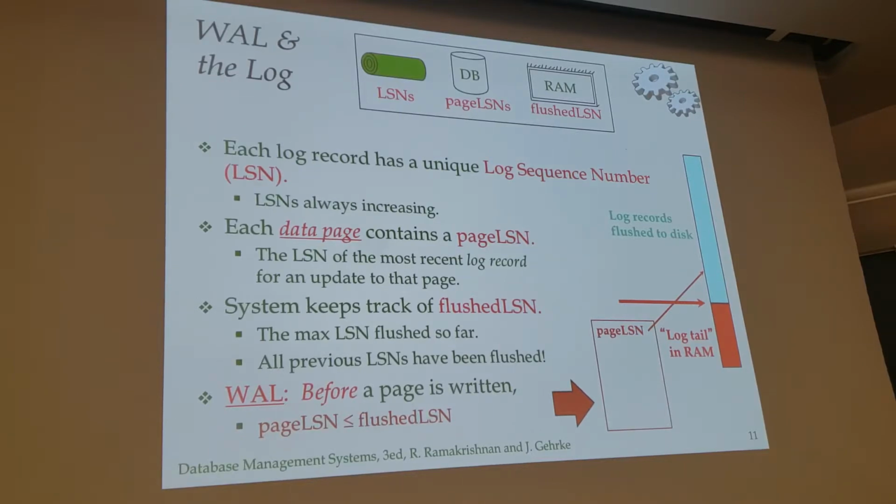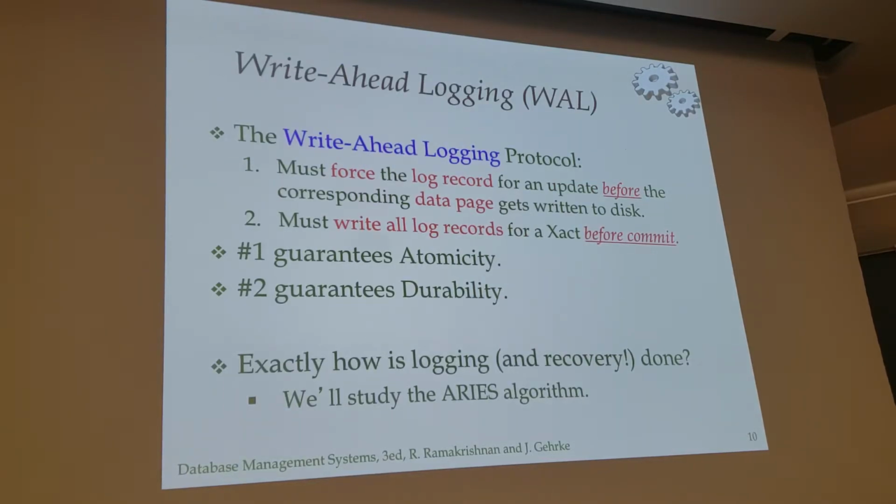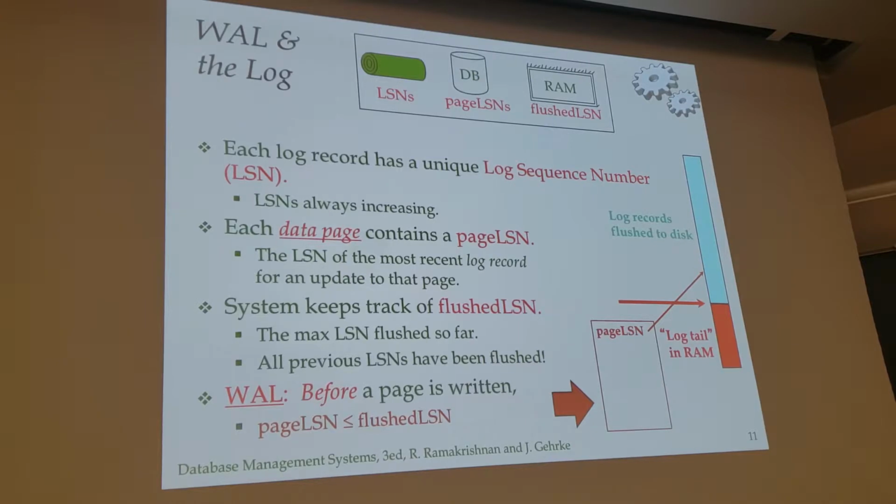It's the same thing as number 1 over there. We're just saying it using things that are implementable. It's not just a property, it's something which is easy to implement. So you will flush everything in the log to make sure that flushed LSN is greater or equal to page LSN. If flushed LSN is already greater or equal to page LSN, you don't have to do any flushing. But if flushed LSN is not greater or equal to page LSN, you do some more flushing to make this true. Okay?